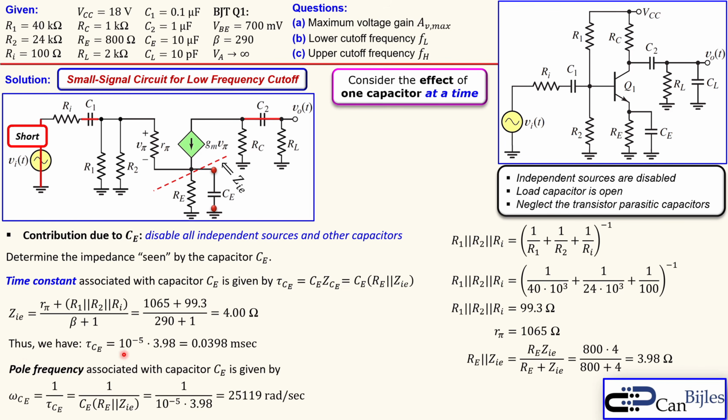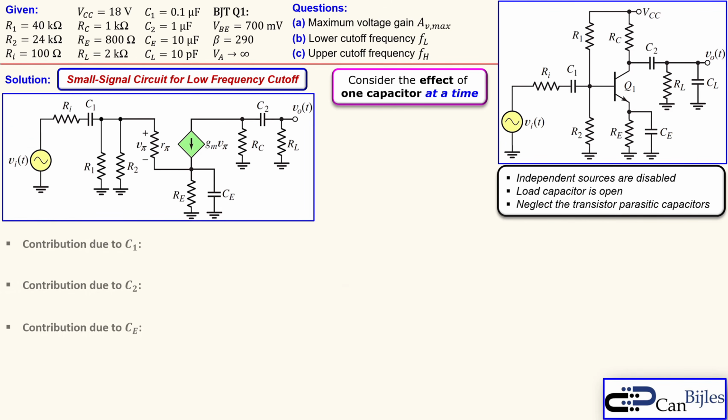Okay, so let's calculate now the pole frequency for the CE. That is 1 over this tau CE. That will result in 25,119 radians per second. So you see this is the largest pole in the system. Now let's look at the contribution due to C1, C2 and CE in summary.